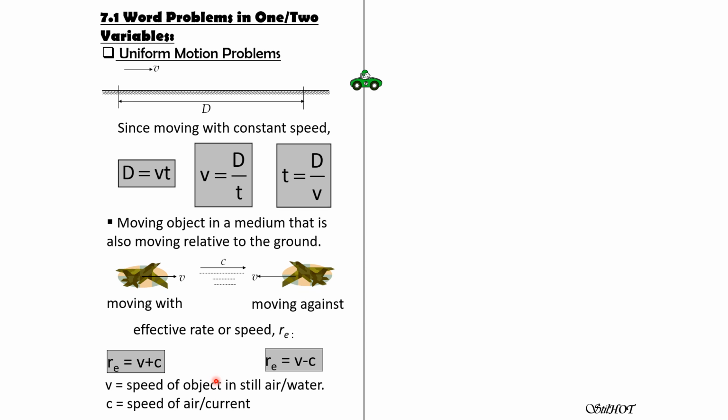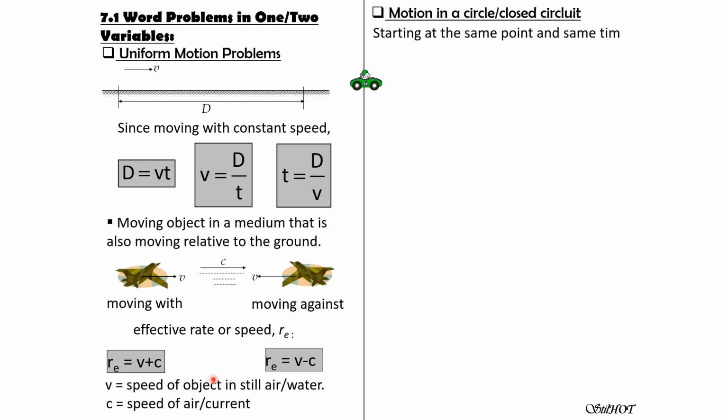Then if motion is happening in a circle, or around a closed circuit, starting at the same point and at the same time, then the distance traveled by the faster runner minus the distance traveled by the slower runner should be equal to one circuit or one circumference if the two runners move in the same direction.